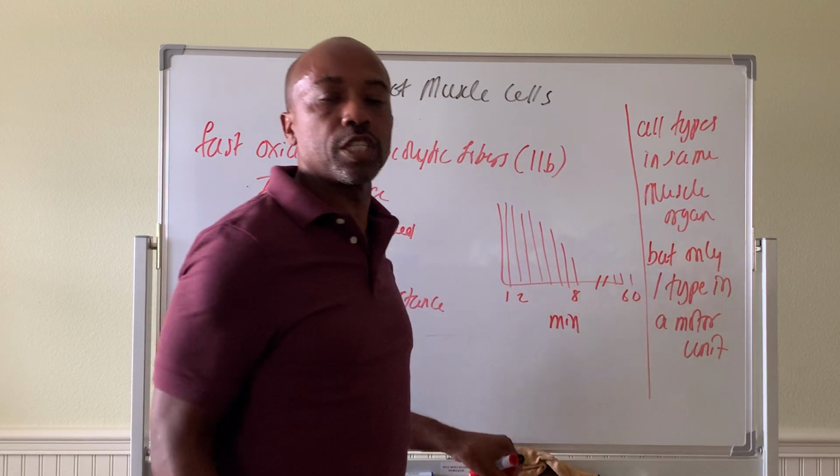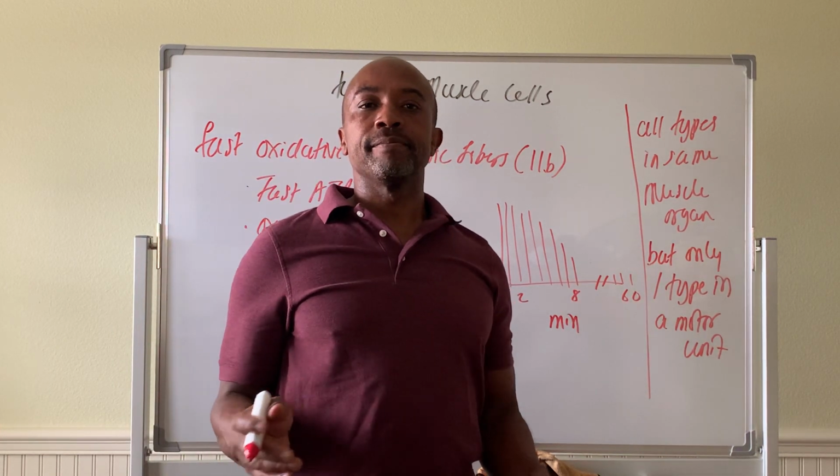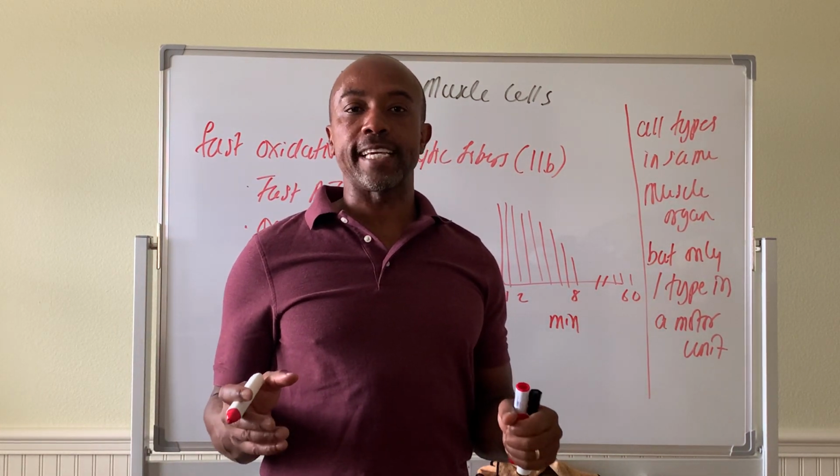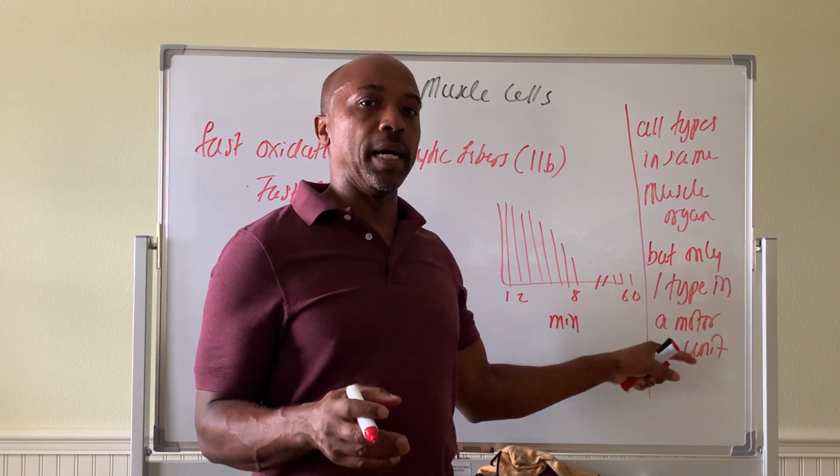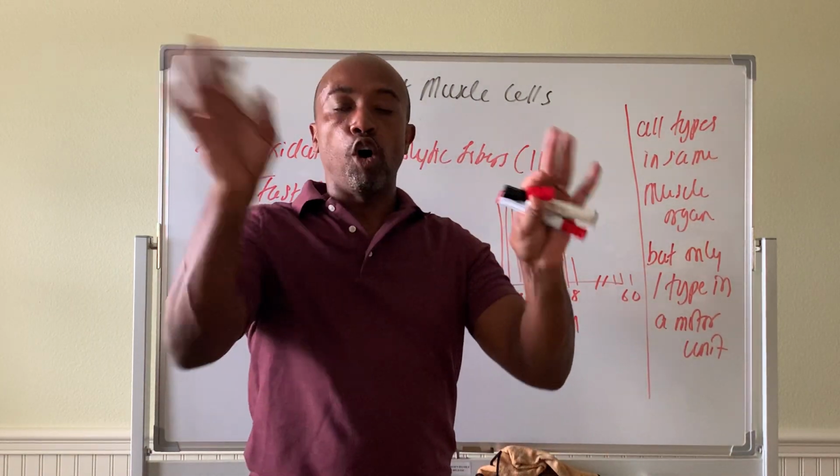Remember, you may have 1,000 motor units in 1 muscle organ, right? And each unit can only have 1 type, but the entire muscle organ can have all 3 types there hanging out.